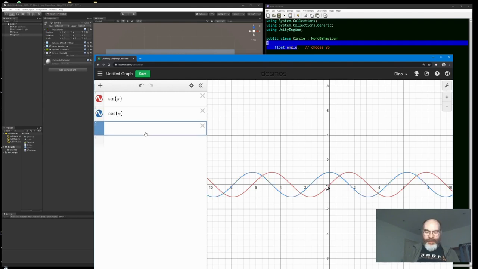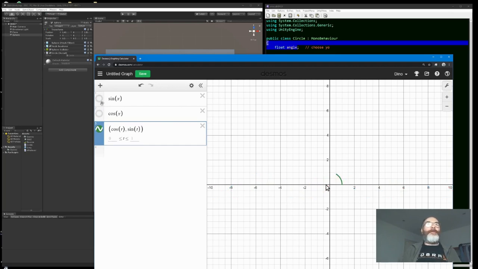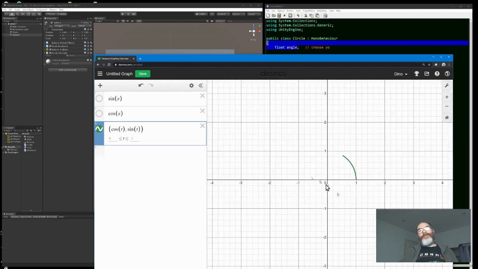And if you plot cosine of some value t and then sine of the same value t over a range of 0 to 1, you get a bit of a circle, because that is a length of 1. That circumference is a length of 1, because this circle has a radius of 1.